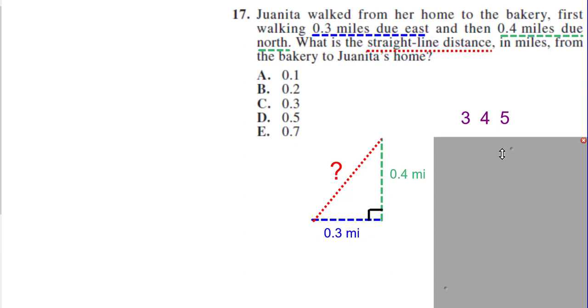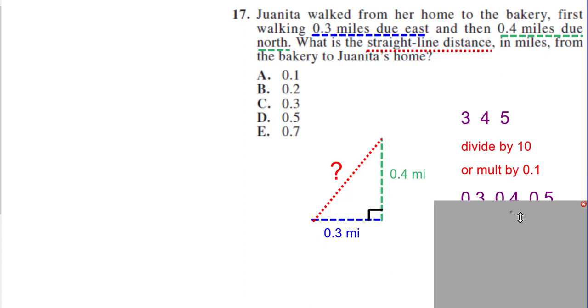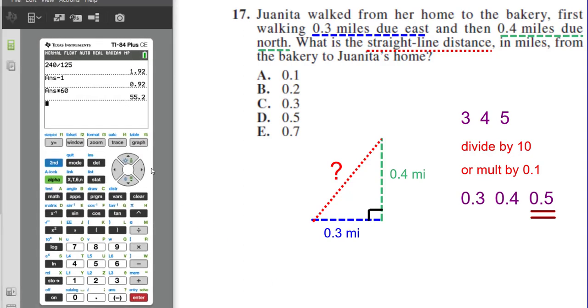And you recall 3, 4, 5 right triangle, if we divide each by 10, or multiply by 1/10, we get 0.3, 0.4, 0.5. So that would be our answer, letter D. We could also do this with a calculator here. We could say that 0.3 squared plus 0.4 squared equals this squared, and then take the square root.